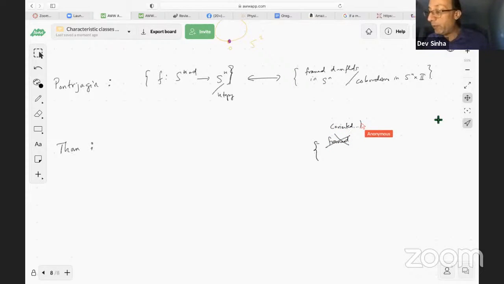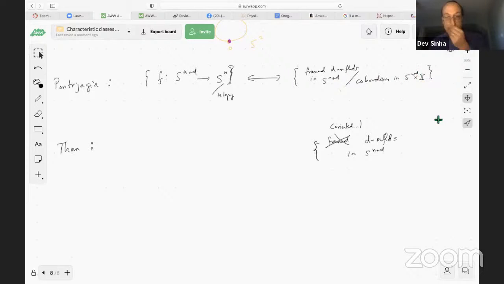But suppose I just want to look at D manifolds in S^{n+D}. That is how I'm going to do that. Oh, this was S^{n+D} here, sorry about that, because that was the domain.